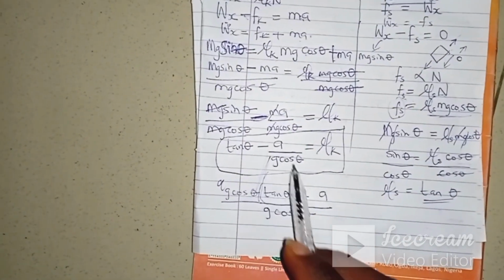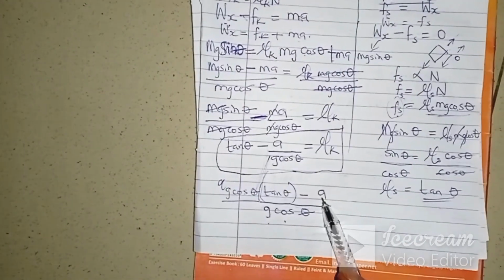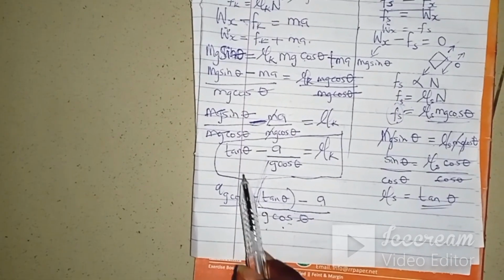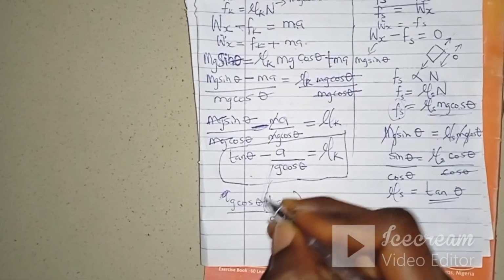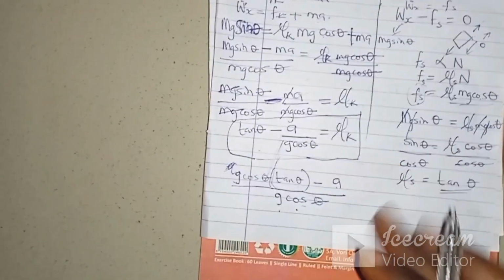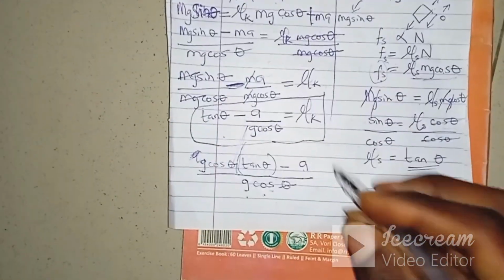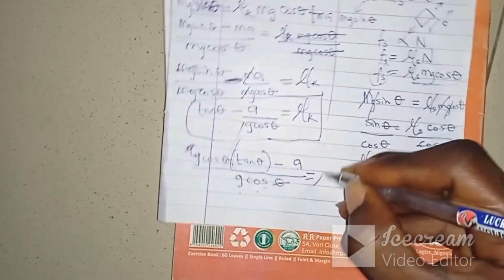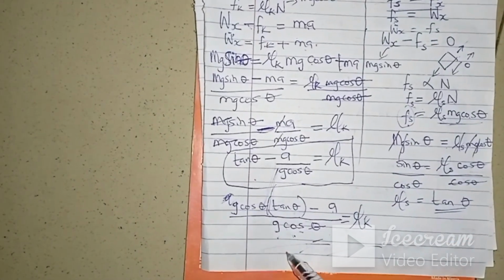Because if this comes over here, this will cancel, then times a. If this comes over here, it will meet 1, then times this. So this thing is the same as this. Whichever way you want to understand it, it's still the same thing.